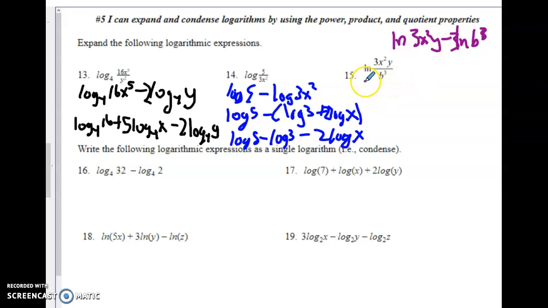So I'm just going to write it all out. I have natural log of 3 plus the natural log of x squared. Let's put the 2 out in front. Plus the natural log of y minus 3 natural log of b. And that's the final answer.